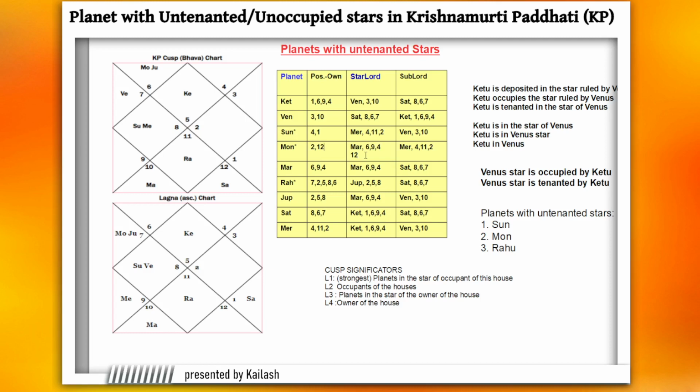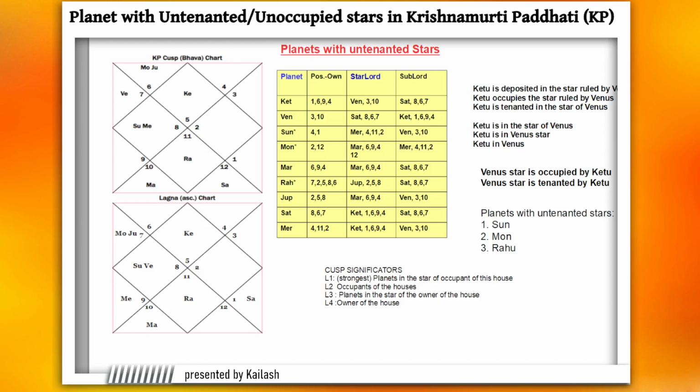And when you are judging the strength of the planet for various predictive purposes, whether the strength appears in column 1, column 2 or column 3 matters a lot in KP. So the untenanted planet takes on this special strength, and they become stronger.